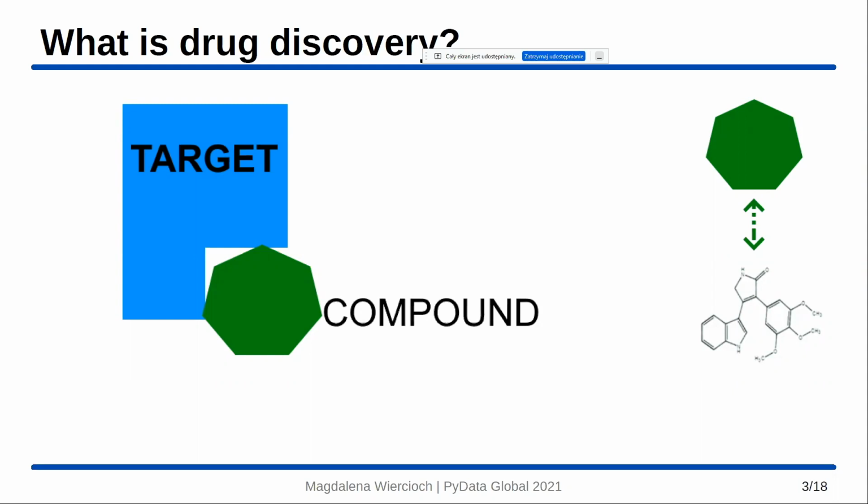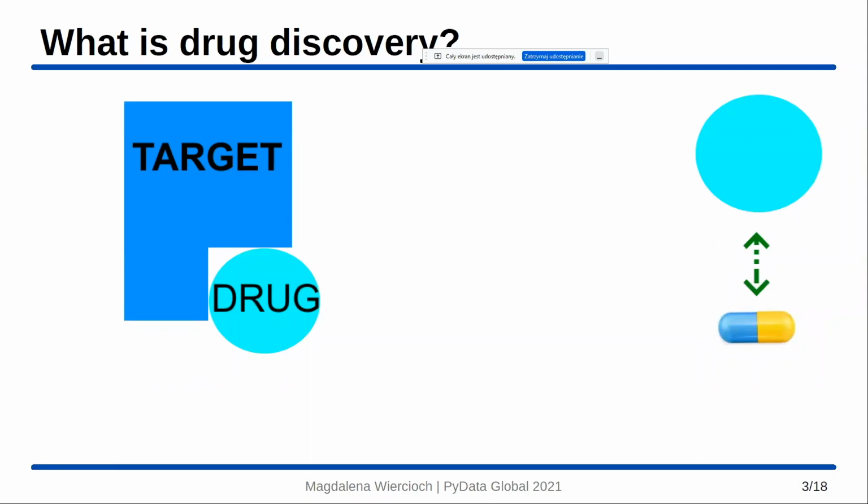For instance, the molecule may be toxic. And finally, when we know that the given molecule is okay in general, it can be called a drug.